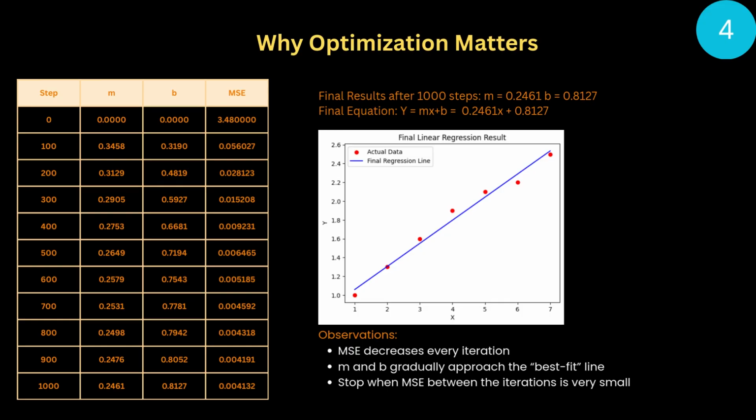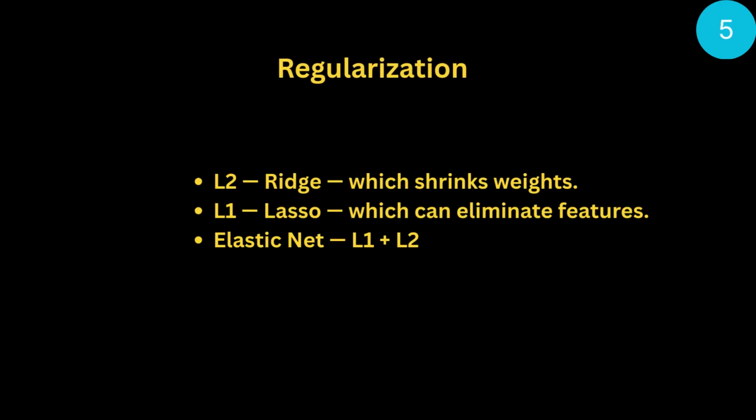We saw why gradient descent becomes necessary when data grows, when models get more complex, when closed-form solutions no longer exist. 5. Regularization. We understood L2, ridge, which shrinks weights. We understood L1, lasso, which can eliminate features, and Elasticnet, which combines both. We saw how regularization controls overfitting.